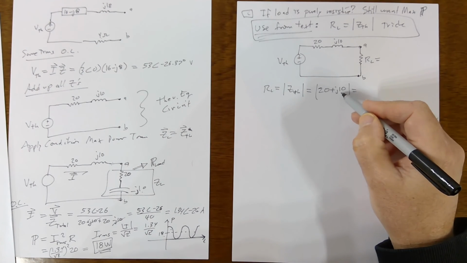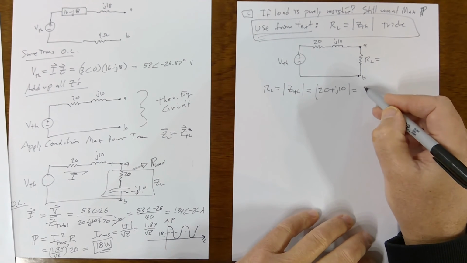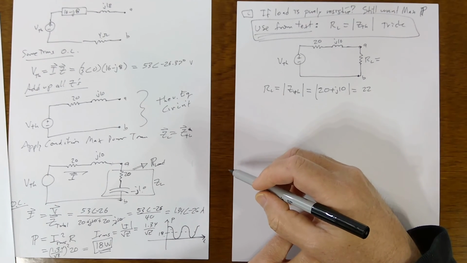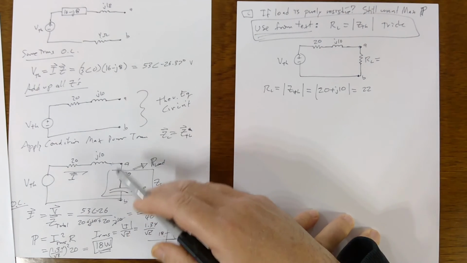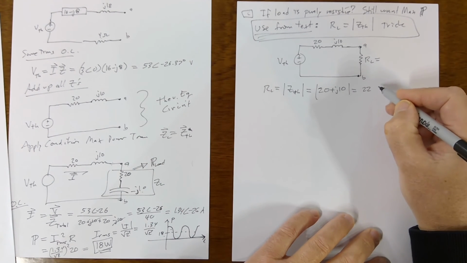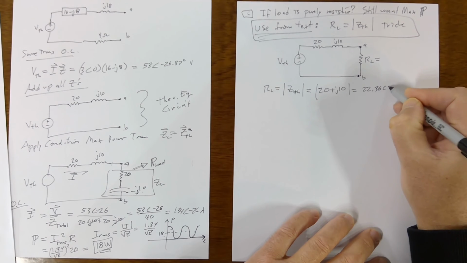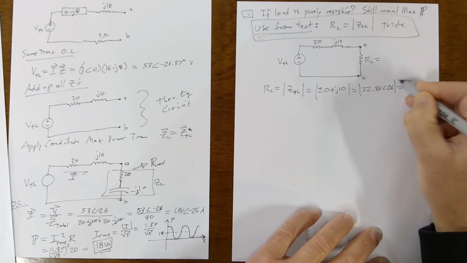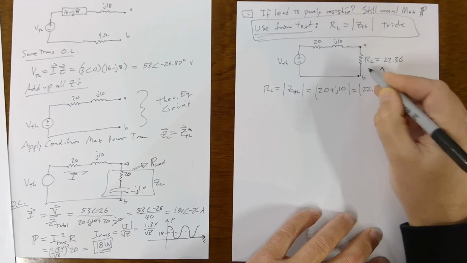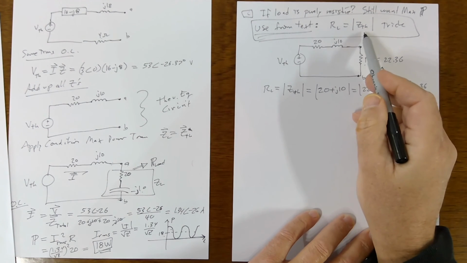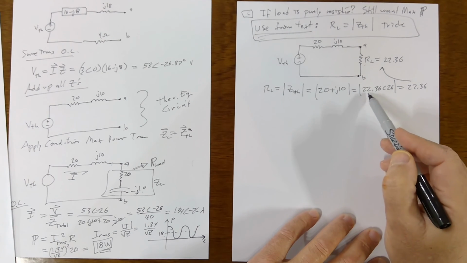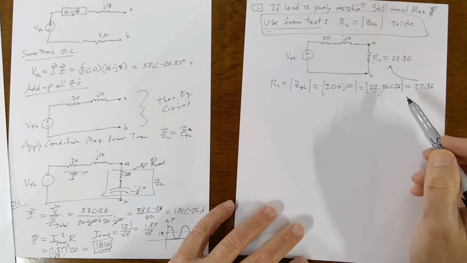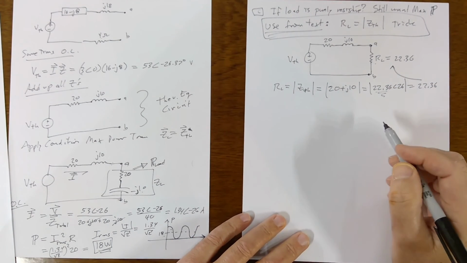We never did figure that out in polar, but if you did convert that to polar, it'd be 22.36 angle 26. Seems like we did that. So the magnitude of that is just 22.36. That's where this thing comes from. That's R sub L. That's the special condition from the text. Just use that number right there, the polar magnitude of the source impedance.